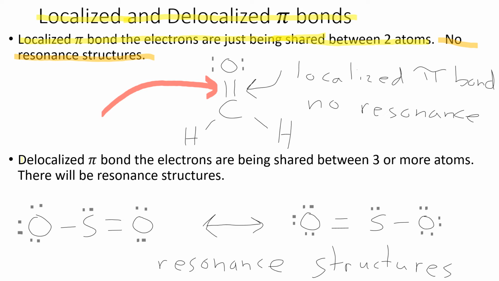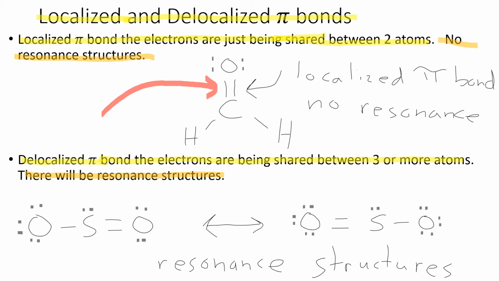In a delocalized pi bond, the electrons are being shared between 3 or more atoms. And you'll know you're in this situation because there will be resonance structures. Our classic example we've been using for resonance structures is SO2.